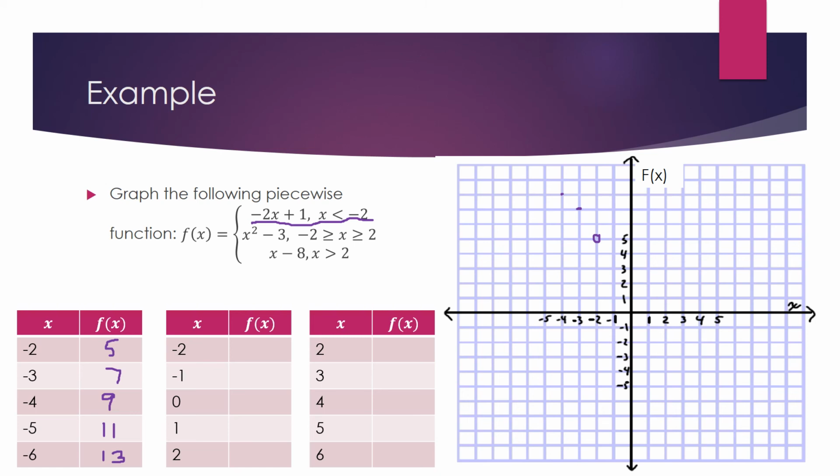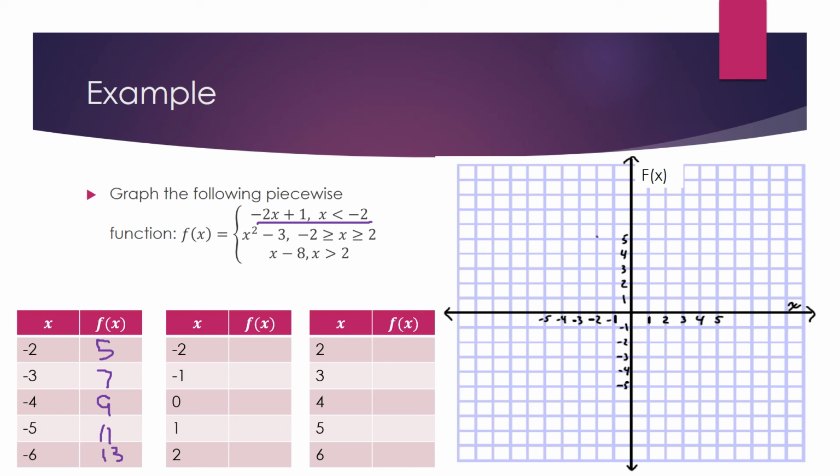Oops, I mismarked that. Start over again. So we have this, followed by 5, 7, 9, 11, and 13.